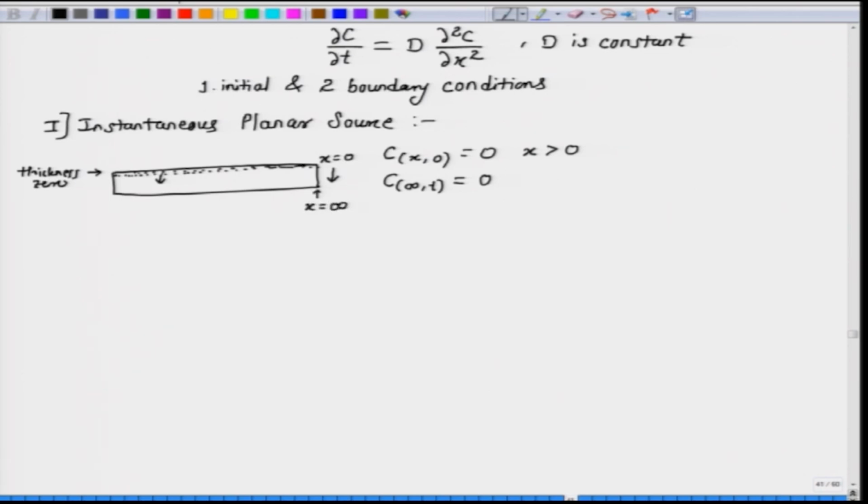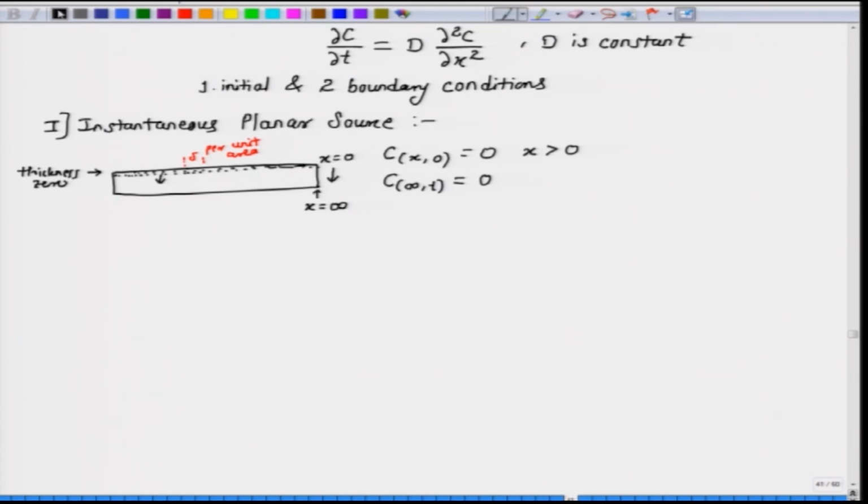What is the second boundary condition? Initially we deposited some quantity of material B. Let us assume that the quantity that was deposited per unit area is delta per unit cross sectional area, and after that we are not adding or removing any material, right. So, this delta amount per unit area, if we just follow the unit cross section, and this is a unidirectional diffusion, right.